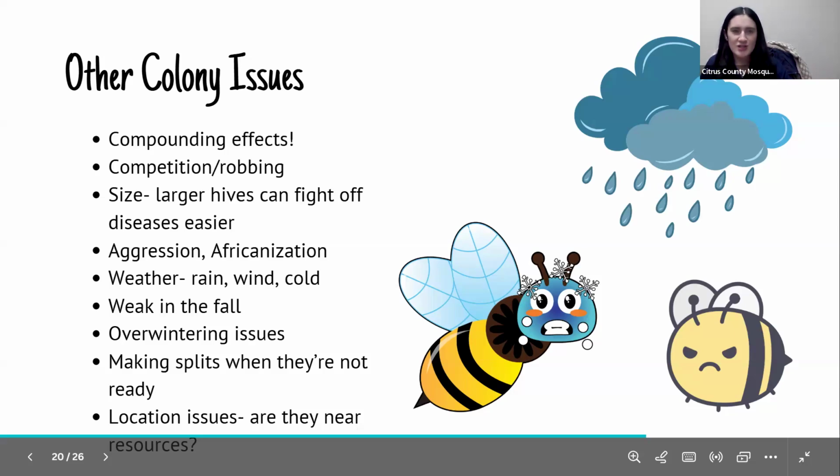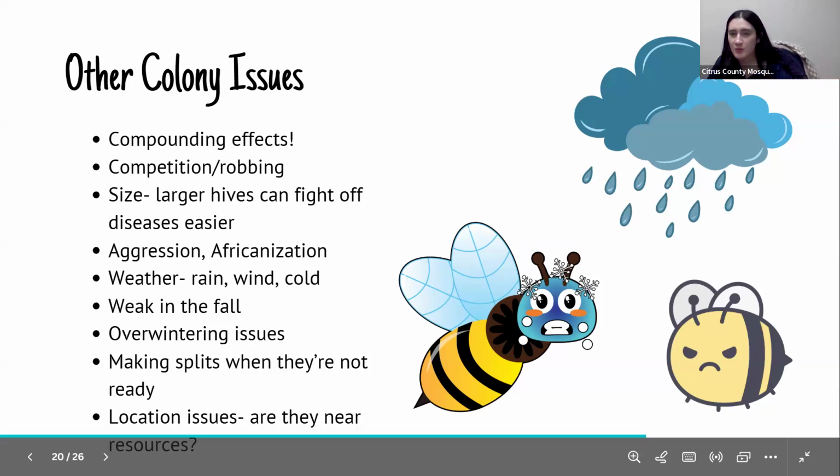Aggression and Africanization: if your bees are super aggressive, or if they might have some Africanized genes, then they might be really hard for you to inspect and see if there are these issues in the hive, because you're just getting stung the whole time and it's unpleasant to do an inspection. That can make colony decline happen faster if you're not able to intervene when you need to as a beekeeper because you're getting stung too much.